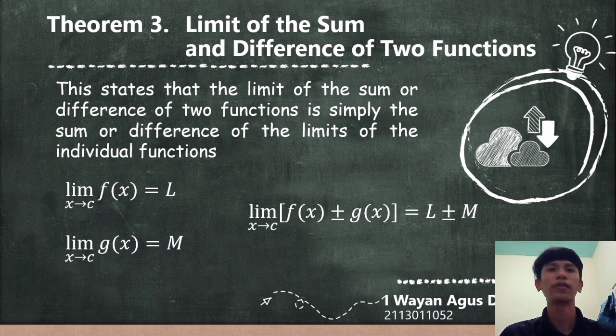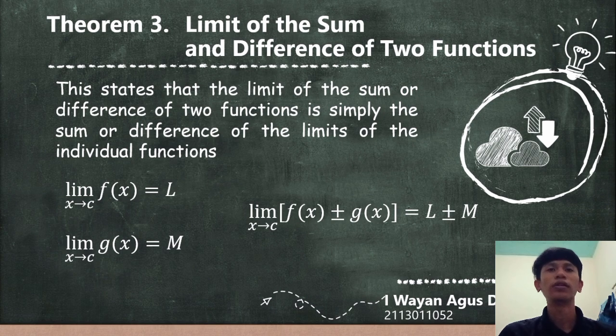For example, we are given the limit of f of x as x approaches c equals L, and the limit of g of x as x approaches c equals m. Then the limit of f of x plus or minus g of x as x approaches c equals L plus or minus m.